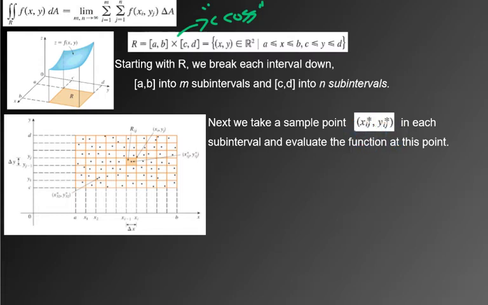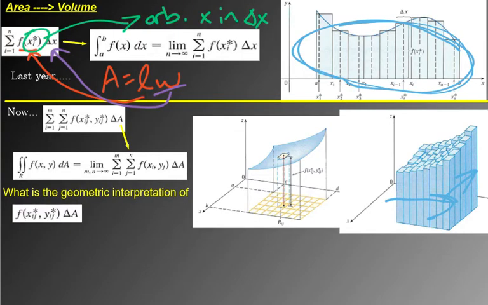That is actually the correct notation for that stuff. Then you just pick a point in there, and you do the same kind of thing. You're literally just doing length times width times height now. Before, we did area equals length times width; now we do volume equals length times width times height. And that is exactly what we got right here. f of x sub i, y sub j, we can think of as the length. And then delta A is basically dx dy now.